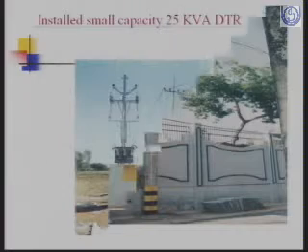This is another slide showing the high voltage distribution system connected outside the consumer premises, and since the transformer is very small, the consumer also should not have any problem in having it very near to his house. It is aesthetically also much better than the low voltage distribution system.